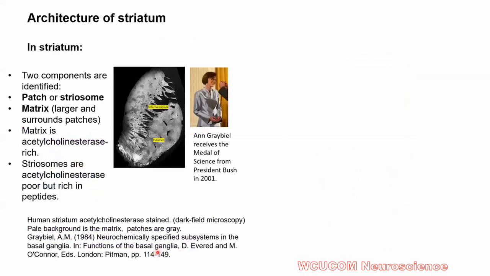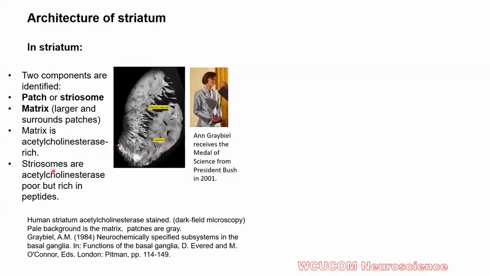But now let us look at the architecture of the striatum, the input receiving area, and it has been known since the late 1970s and early 80s that there are 2 main components in the striatum: the patch or striosome, these more isolated, patchy areas, and the much larger and confluent matrix. The matrix surrounds these patches, and the matrix is acetylcholinesterase rich.